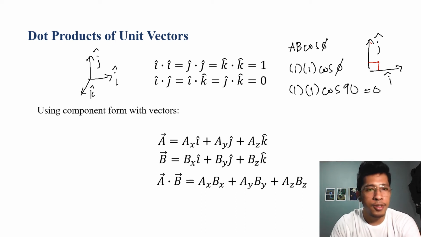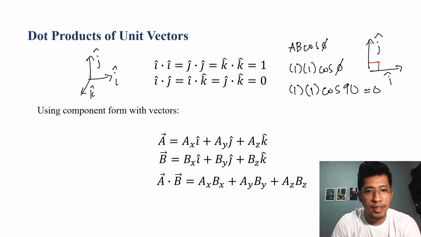Using the component form with the vectors, say for example your vector A is equal to ax i hat plus ay j hat plus az k hat, and your vector B is bx i hat plus by j hat plus bz k hat, your A dot B is just equal to axbx plus ayby plus azbz.